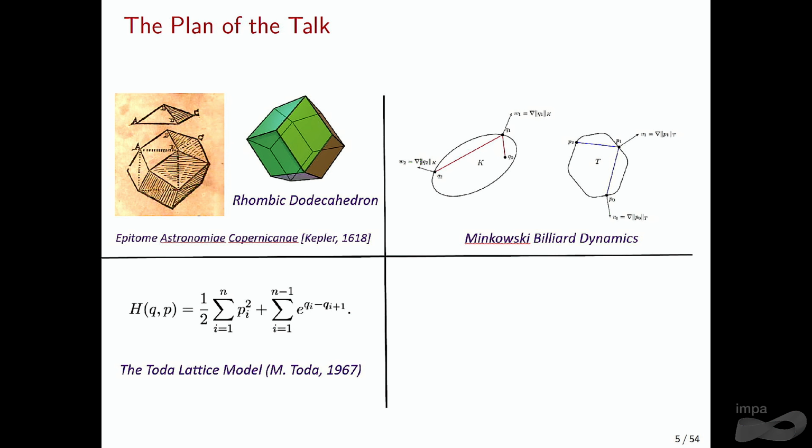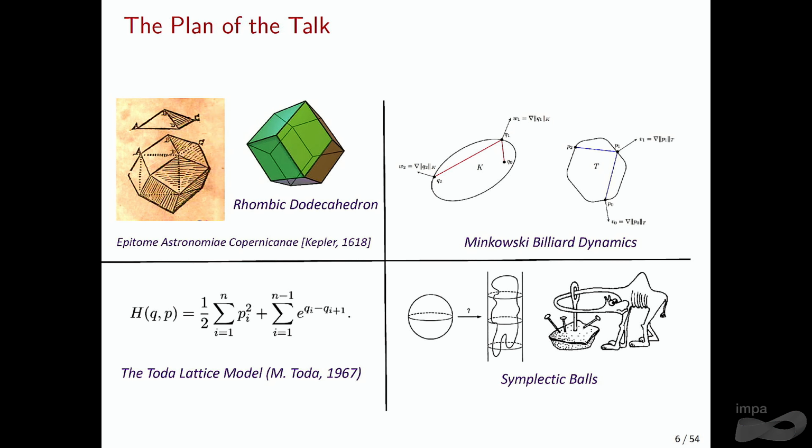And the last object in this talk are symplectic balls, so symplectic images of the Euclidean ball. So what I would like to do today is to explain the relation between these four objects. That's the main goal of this talk.